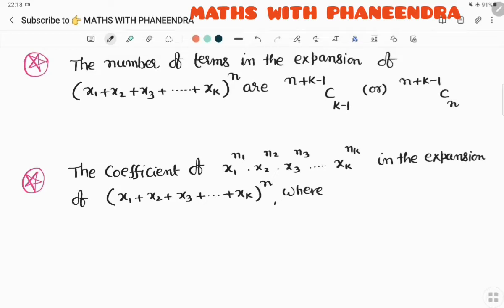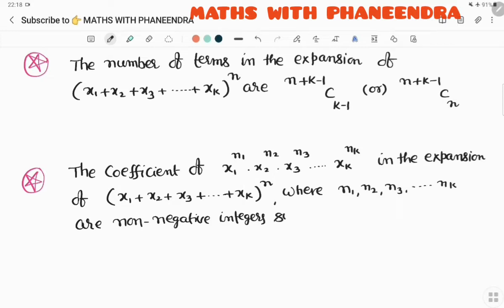This is a very important one, and I will give an example based on this. Here n1, n2, n3 and so on nk are non-negative integers such that n1 plus n2 plus n3 and so on nk is equal to n.